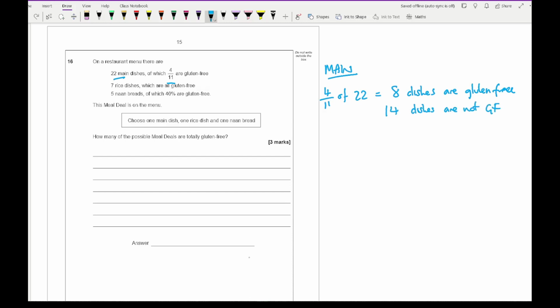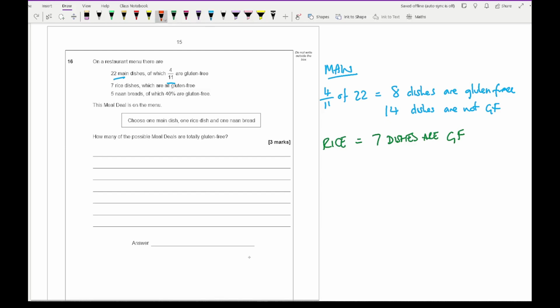Now in terms of the rice dishes, it says 7 of the rice dishes, so here we've got 7 dishes that are GF. And it says 5 naan, there's a choice of 5 naan breads.